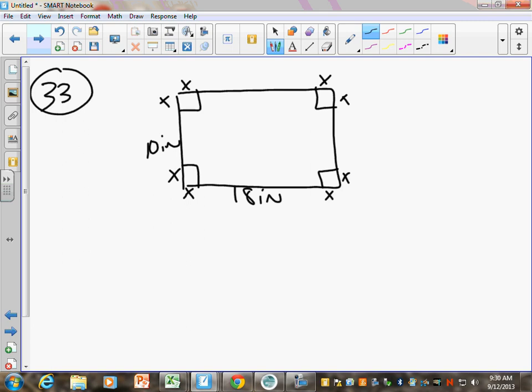So think about that normally 18-inch side is not 18 inches anymore because I've cut a little piece out of each corner of it. Right? I cut x out of each one. So write the volume as a function of x. Well, first of all, how do you find the volume of something like this, a rectangular prism?